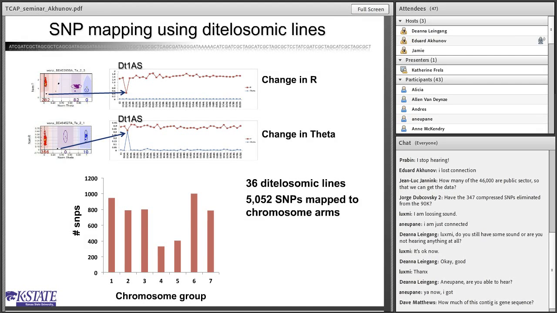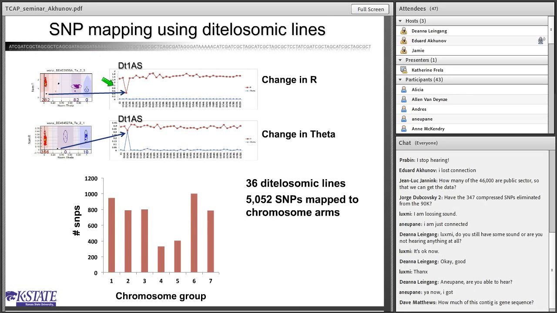For those of you who are not familiar with what ditelosomic lines are, these are the lines where chromosomal arms are missing, because wheat can tolerate aneuploidy. The absence of a chromosomal arm usually results in a change in the intensity of hybridization.